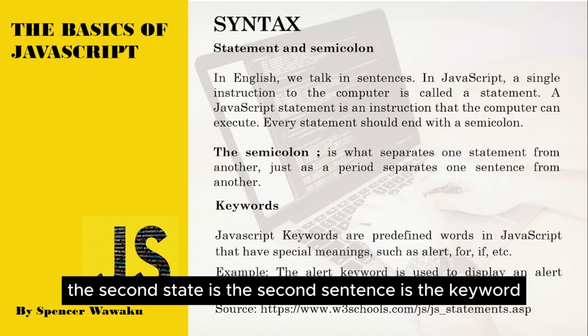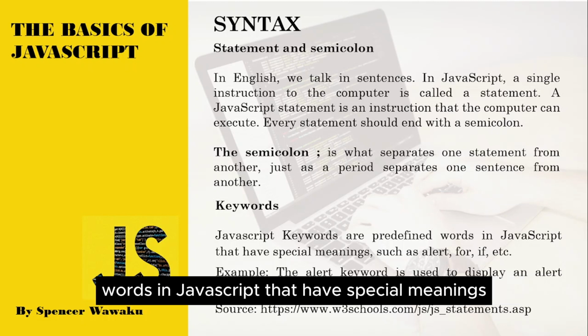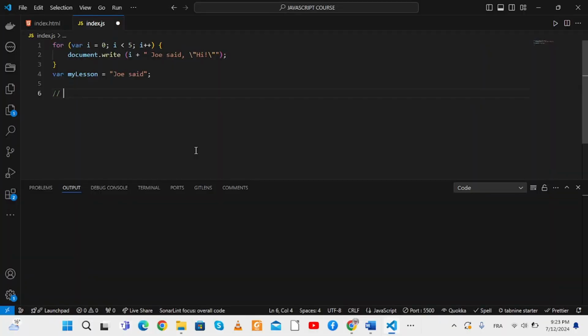The second syntax is the keyword. JavaScript keywords are predefined words in JavaScript that have special meanings, such as alert, for, if. Let me give you an example. The for loop, the for is a keyword.